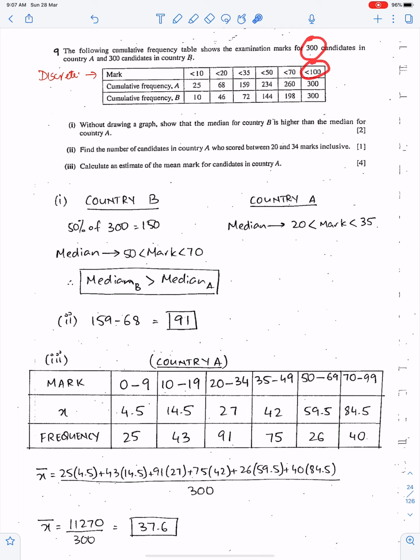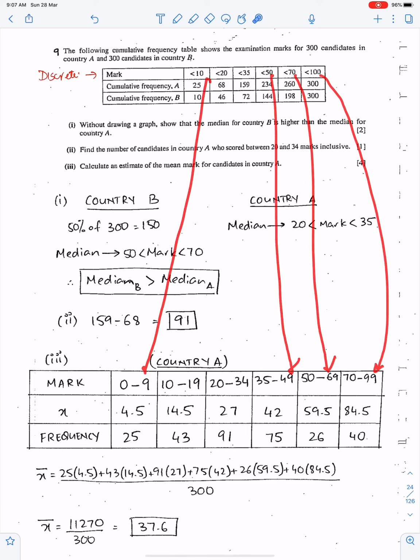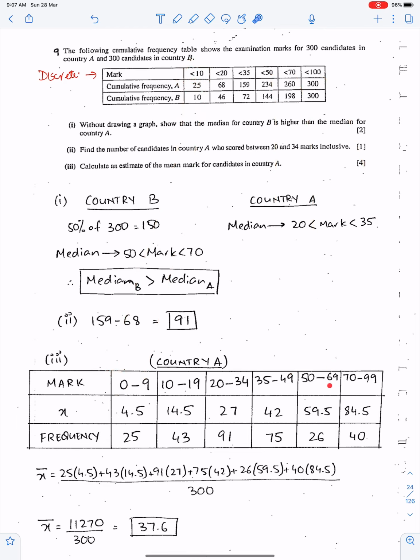This number is exclusive, so we must have 99 here. 69, 49, 9, and the first number must be 0 because this is exclusive. When this is exclusive, first is 0. If this was inclusive, then first number would be 1. So 69 means write 70 here, 49 means write 50 here. So these are the class intervals.